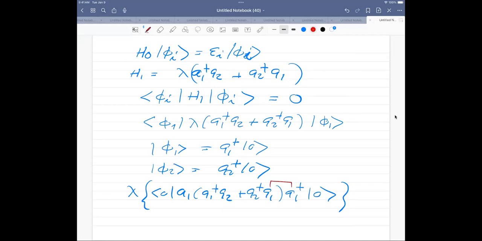That is just delta 1,1. But then I have to match a2 with a1, which is 0. And then you see the next one here. If I take a2 with a1, which is the only possibility I have, that is 0 immediately. And the same if you now replace phi 1 with phi 2, you get exactly the same.